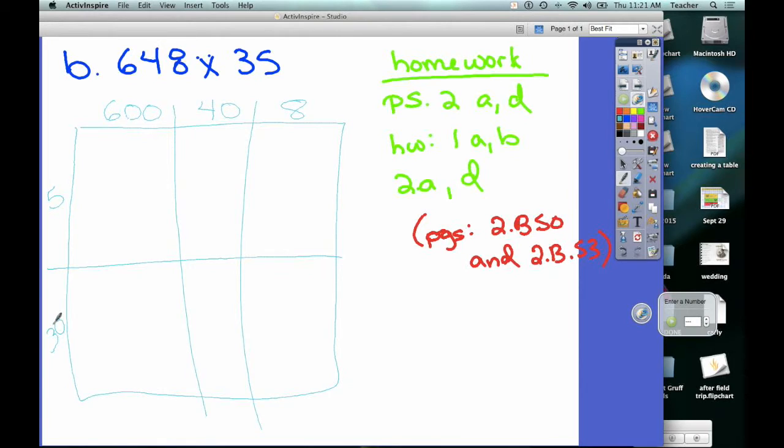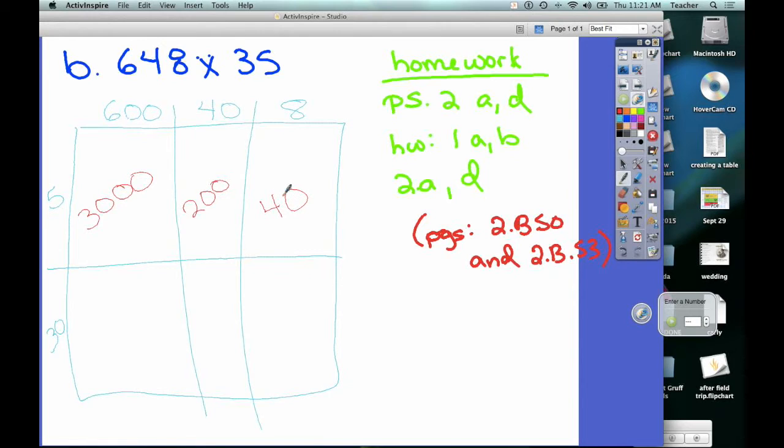What's 5 times 6? 30, but don't forget your zeros. How many zeros do I have? 5 times 4 is, 5 times 4. Add a 0. 5 times 8.